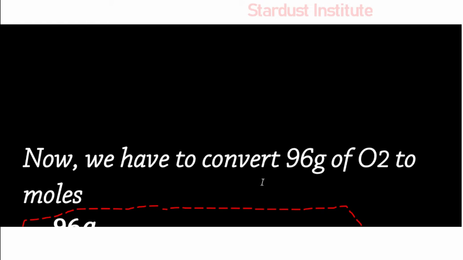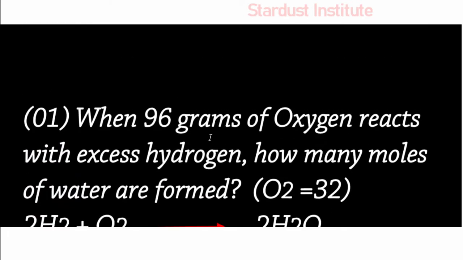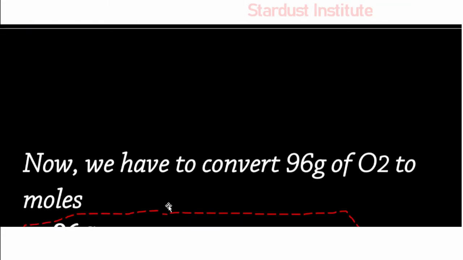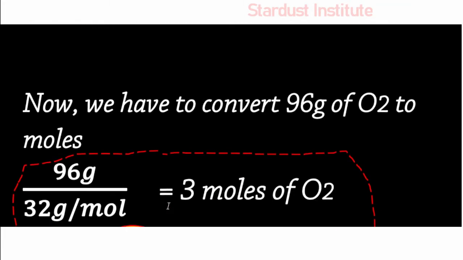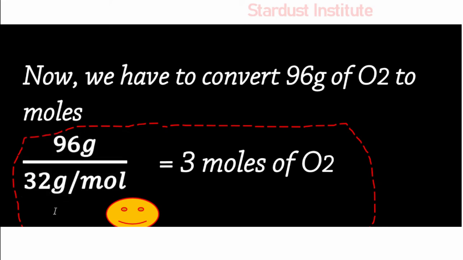Now we have to convert 96 grams of oxygen to moles. We have been given 96 grams of oxygen. As I mentioned earlier, we can do that by dividing by molar mass: 96 grams of oxygen divided by molar mass of oxygen, 32 gram per mole.